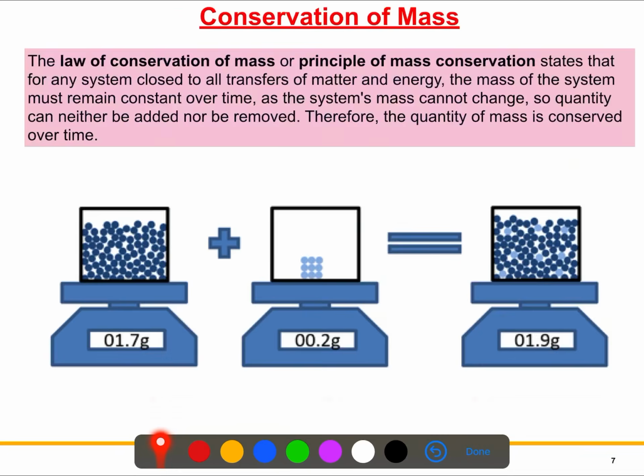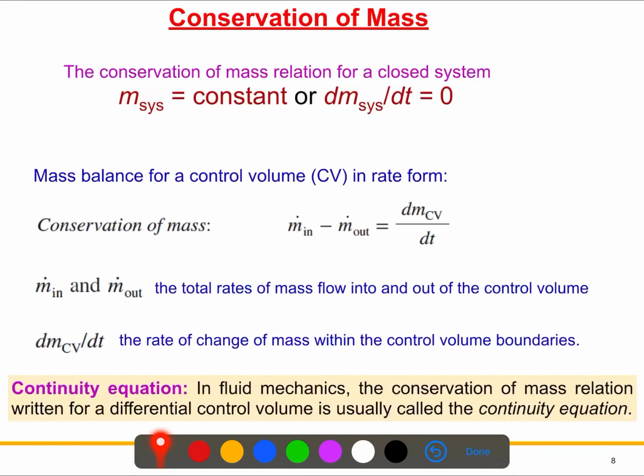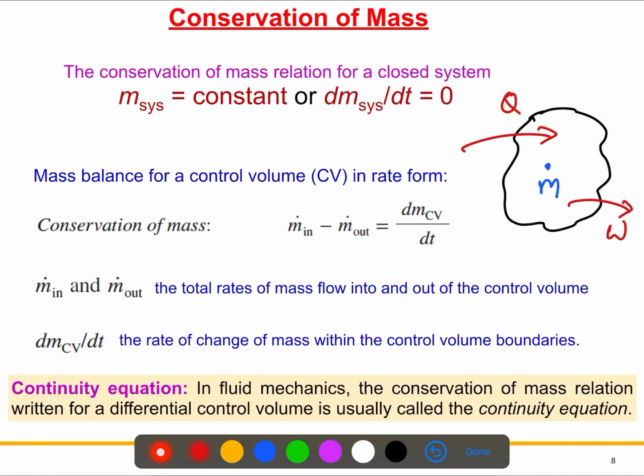For better understanding, if it is a closed system, let's say this is an arbitrary closed system, and this is the system boundary. Inside this system, the mass will always be constant. Let's say mass is coming in, you are applying some heat energy, you are getting some work energy.